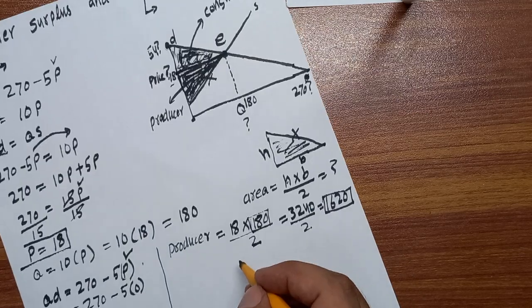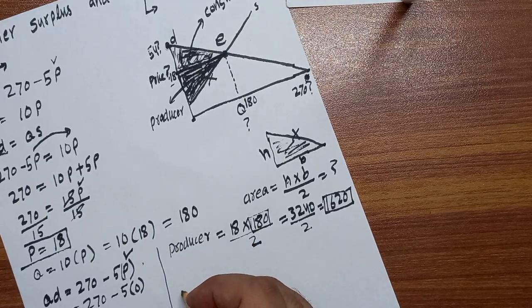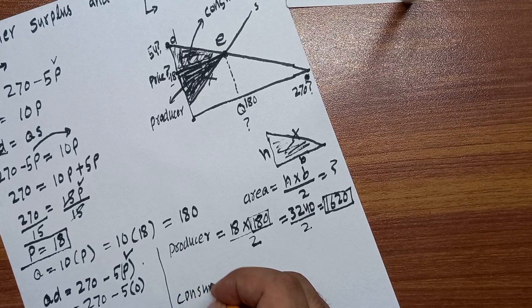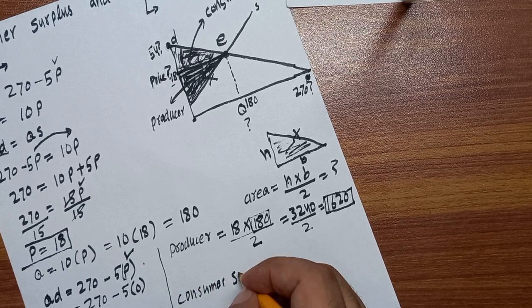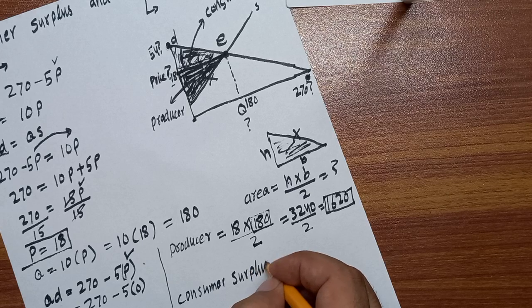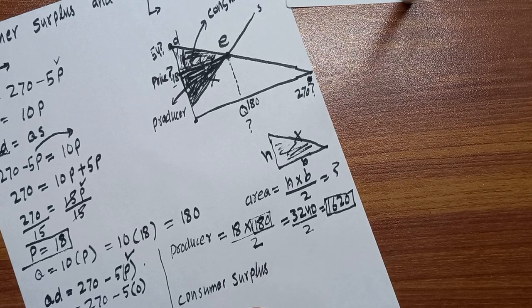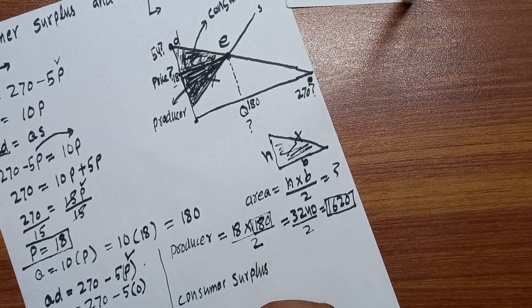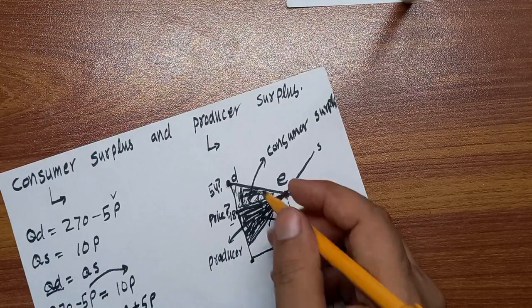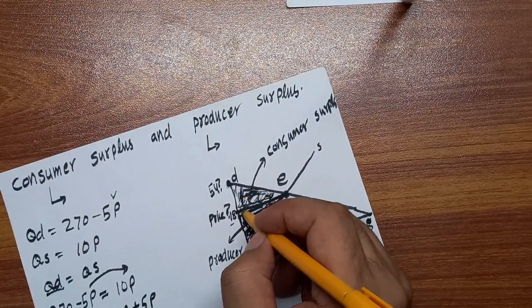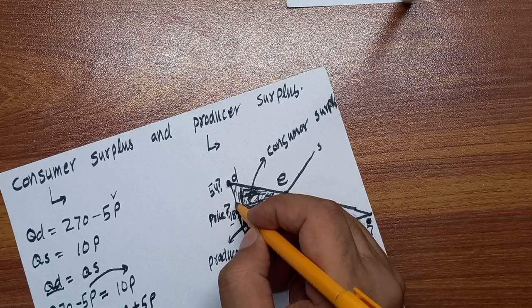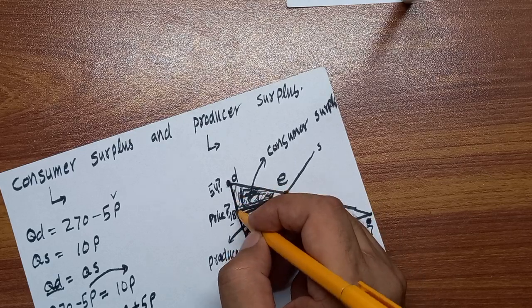Now we are going to find the consumer surplus. Consumer surplus is equal to, again, height multiplied by base divided by 2. Here we have the base and the height.